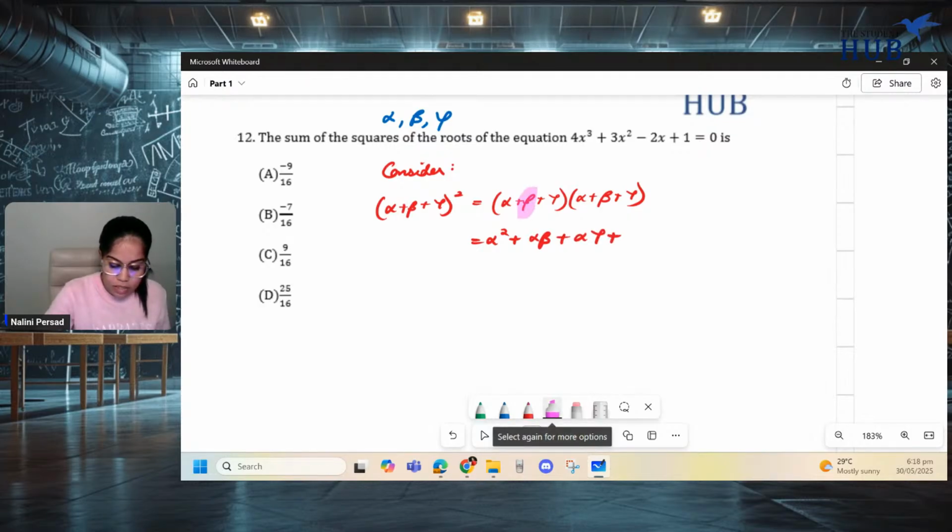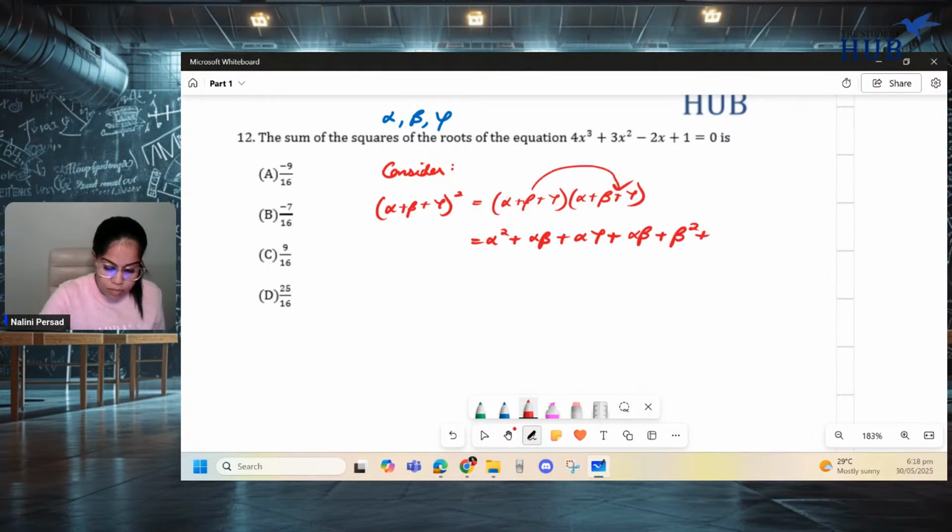You take beta and multiply it by each of those terms. So beta alpha and alpha beta is the same thing. Beta squared, beta gamma. You're taking gamma and multiplying it by these 3 terms. So alpha gamma, beta gamma, and gamma squared.